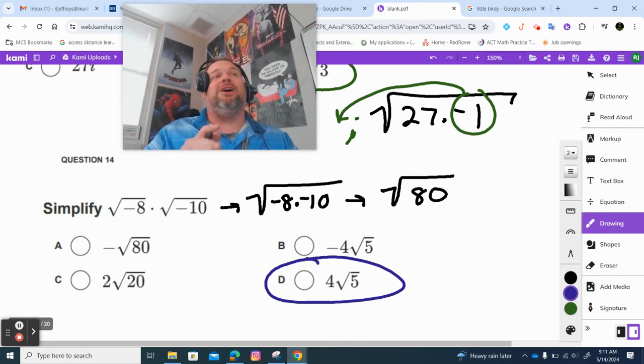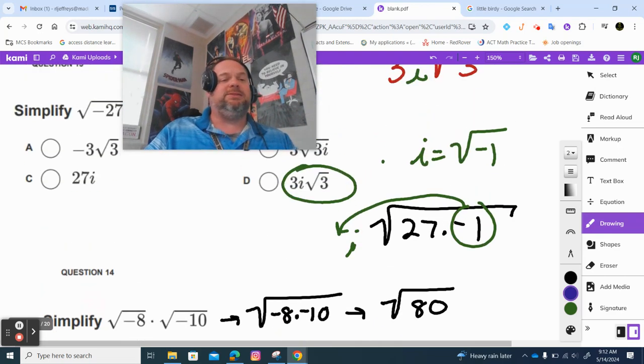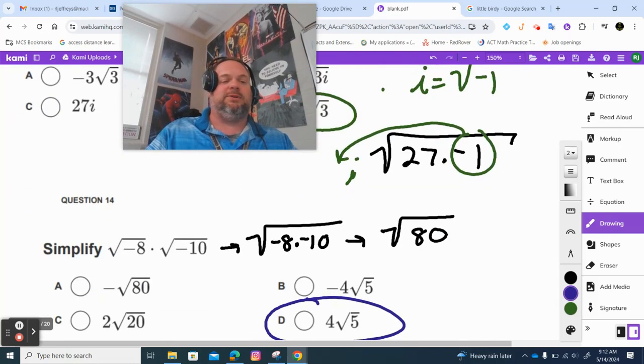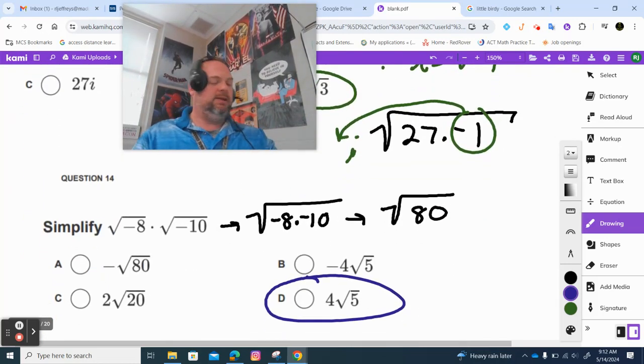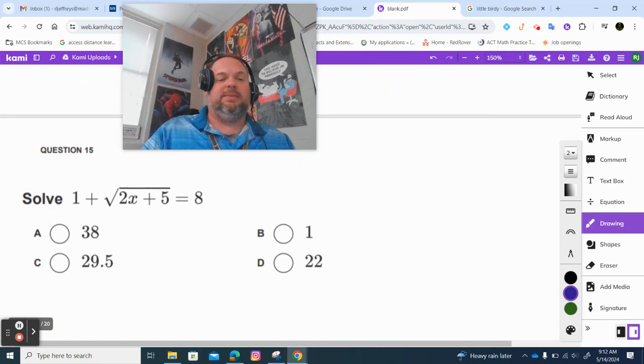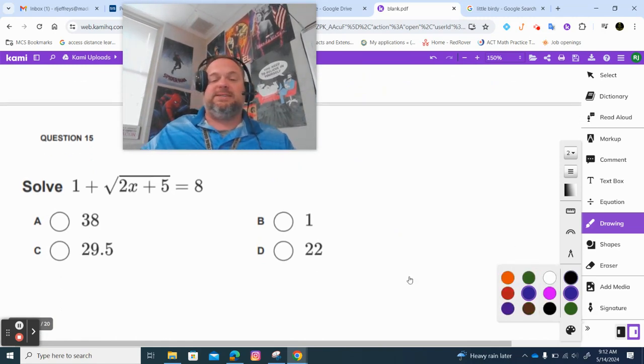This is from the radicals test. I think it's chapter 5 test, question 14. The i stuff is from the complex test. All right, this is definitely from the radicals test.